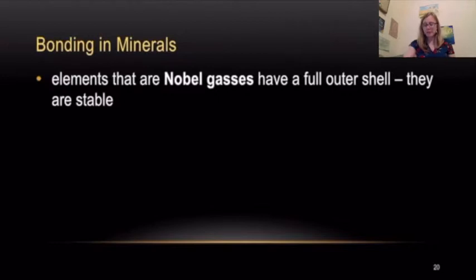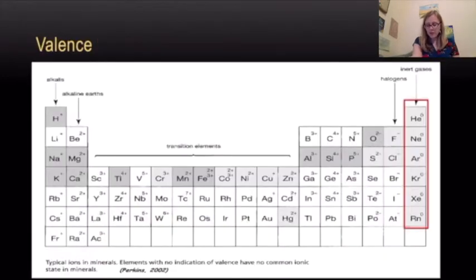So a noble gas itself has 0 valence because its outer electron shell is full. It doesn't want to give up electrons. It doesn't want to take electrons. So it's just stable. These are all our noble gases. Noble gases are stable electrochemically.